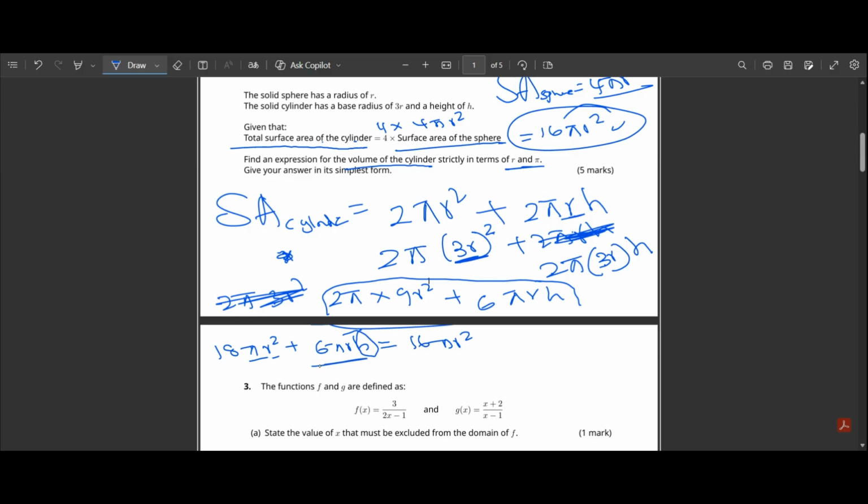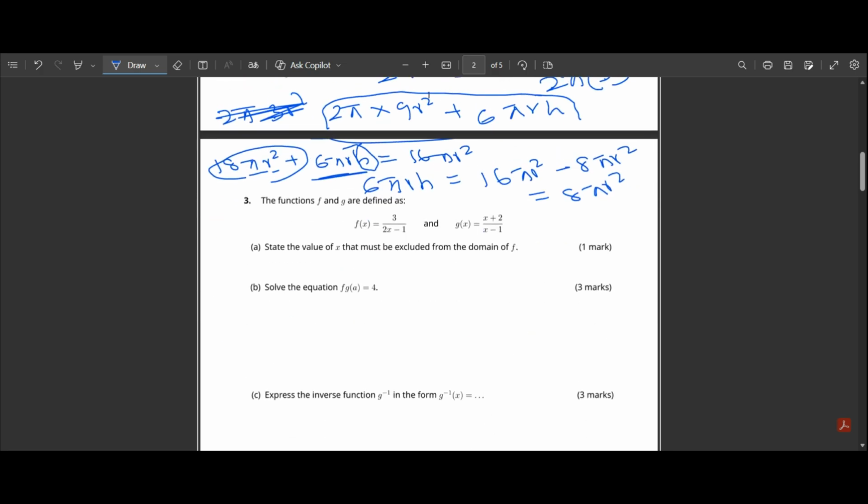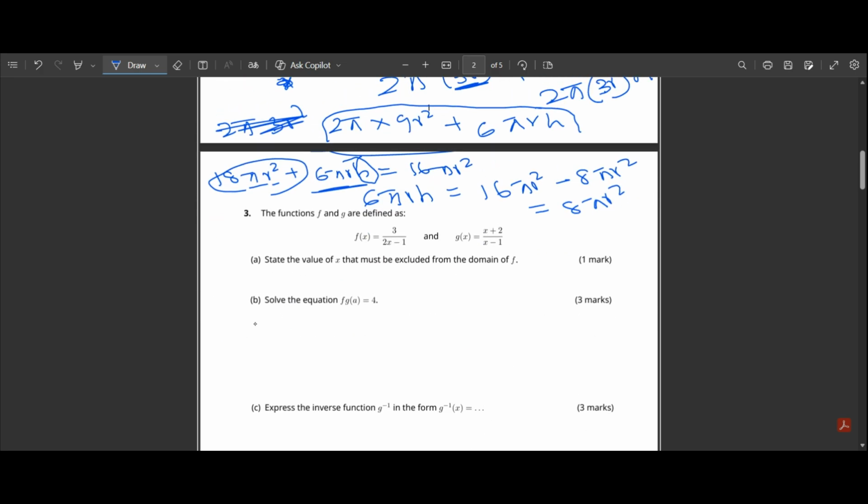We'll take this separately. 6 pi r h is equal to 16 pi r squared minus, take this to the left side, 18 pi r squared. So 6 pi r h is equal to 8 pi r squared. I have no space here, I'll write here. We'll cancel the pi, we'll cancel the r.